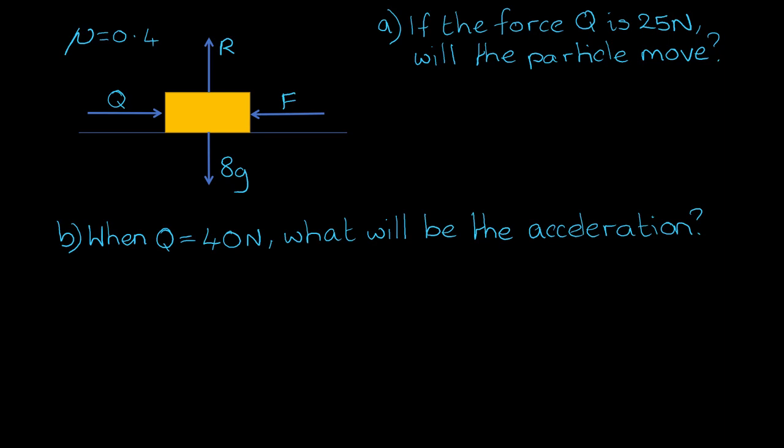So we know that friction is less than or equal to mu R. So the first thing that we need to work out is what R is. So by resolving vertically, we can see that R equals 8G. So F is going to be less than or equal to 0.4 times 8G.